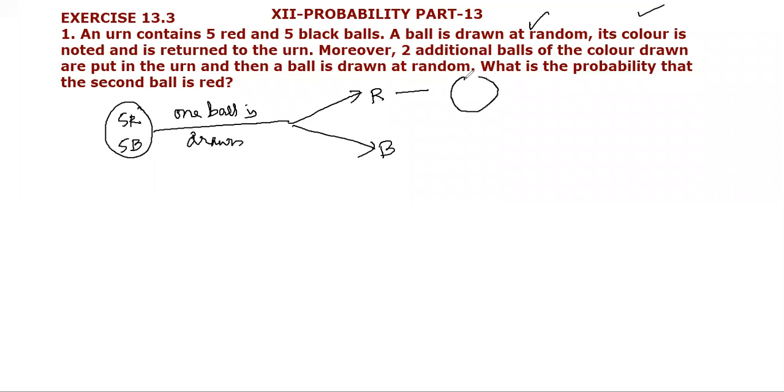So 2 plus 5 red balls and 5 black balls. If you see this part, here we have to add 2 black balls, so 5 red balls and 2 plus 5, that is 7 black balls.